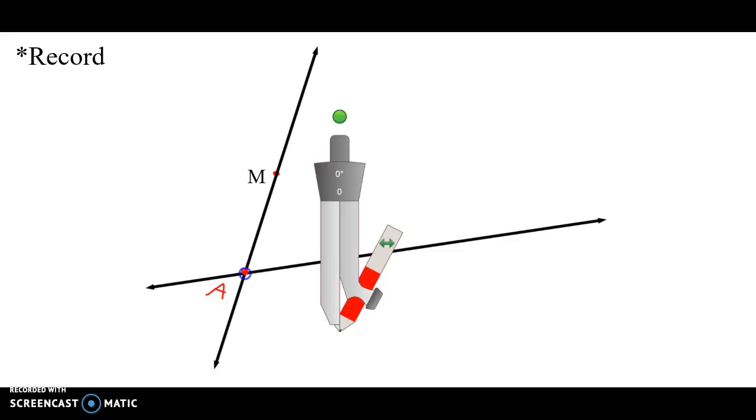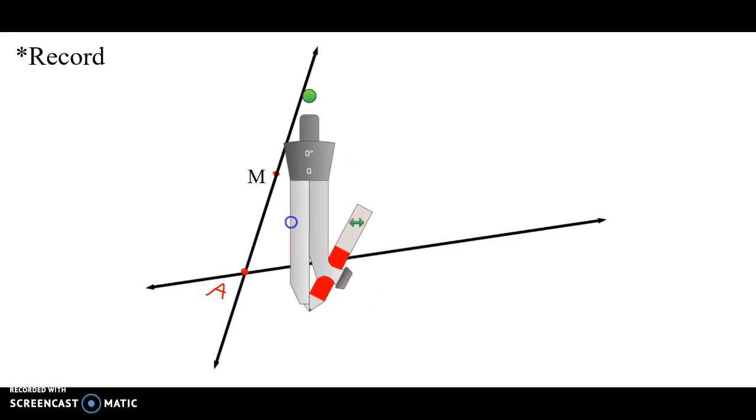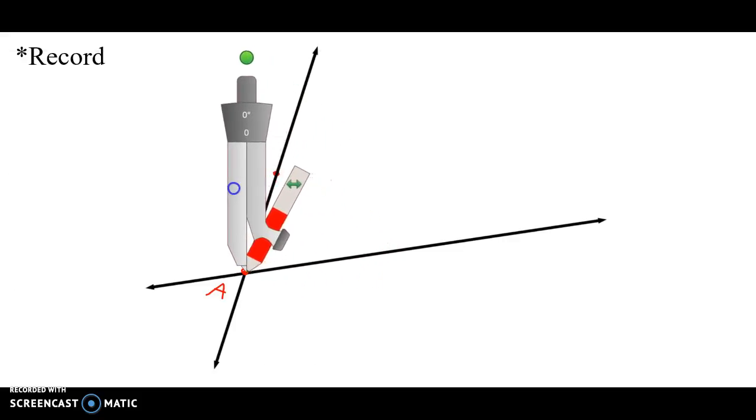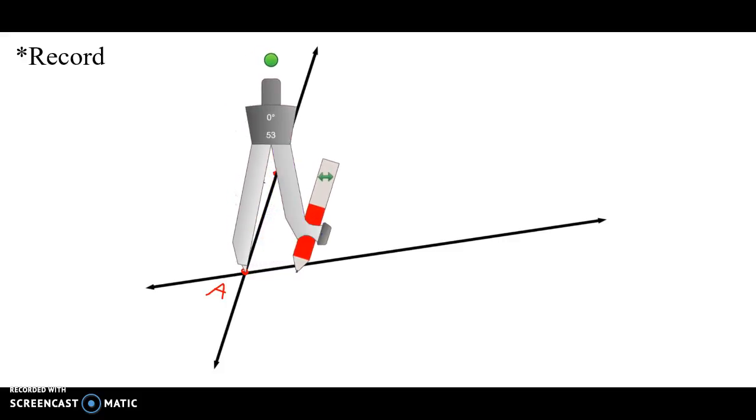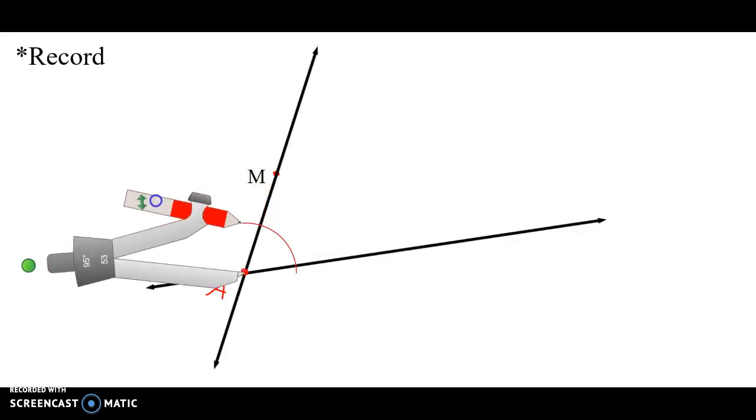This intersection that we just made is point A. You're going to take your compass and place the point at A, the point of the compass, and this is like an old school compass. Have you seen one of these before? Yes, I love them. Now, basically, you need your pencil to be within point X. You want it to be underneath it. And then you're going to create an arc.